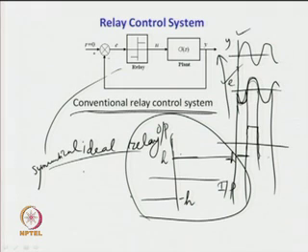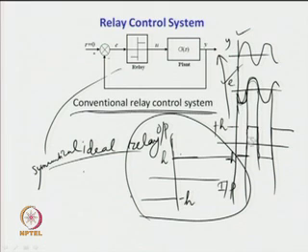will assume some rectangular form, where the negative peak amplitude of the rectangular pulses will be minus h, and the positive peak amplitude of the rectangular pulses will be plus h.